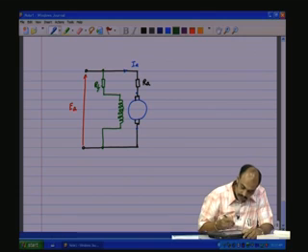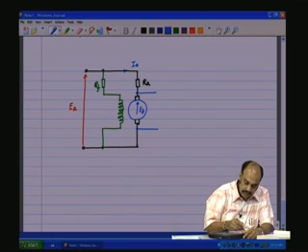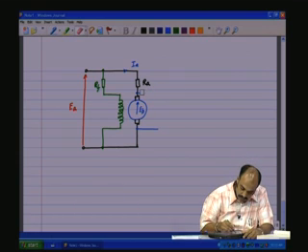This is RF, and of course, EB gets induced across these terminals. So, that gives a much better picture.